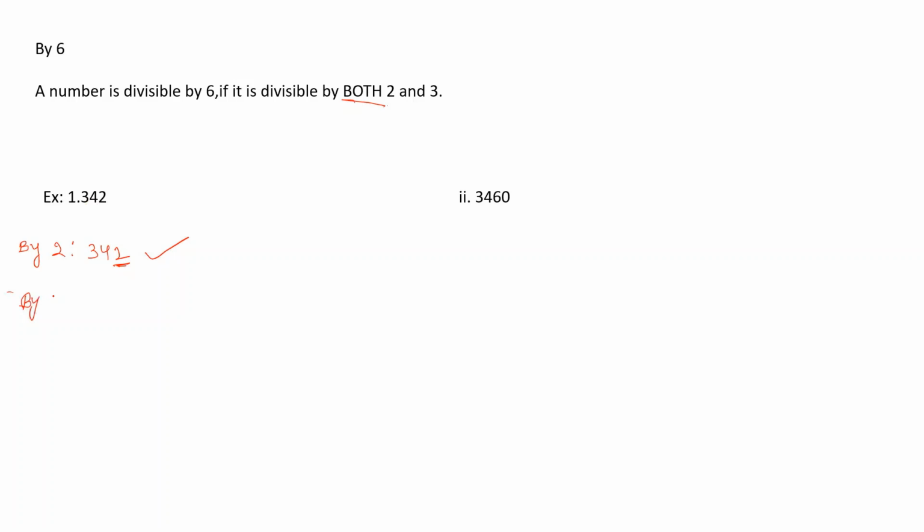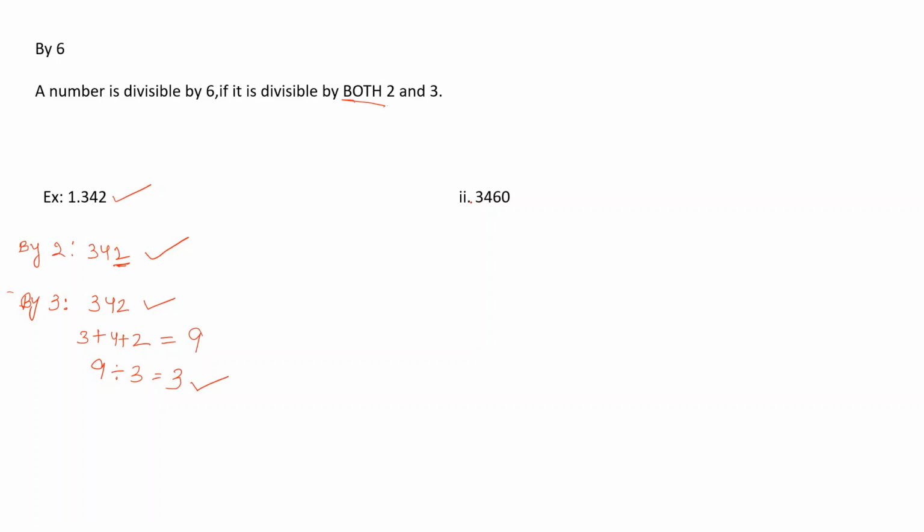Now by 3. 342, sum of the digits. 3 plus 4 plus 2. 3 plus 4, 7. 7 plus 2, 9. Divide 9 by 3. 3 threes are 9. So 9 is divisible by 3. So 342 is divisible by 3. 342 is divisible by 2 and 3. So 342 is divisible by 6.